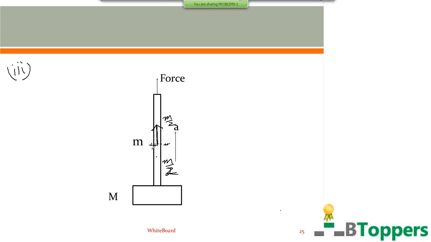So I consider the lower half of the rope and the block together as one system of mass capital M plus small m by 2.